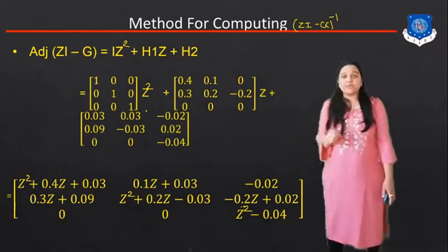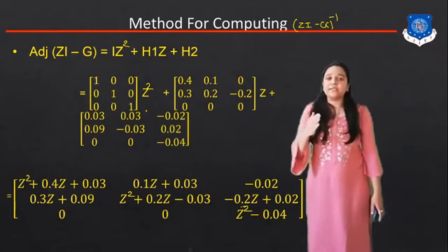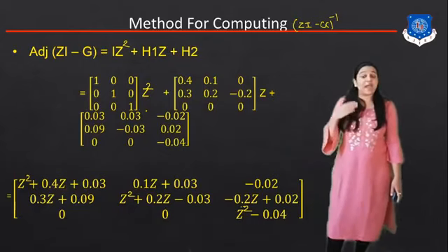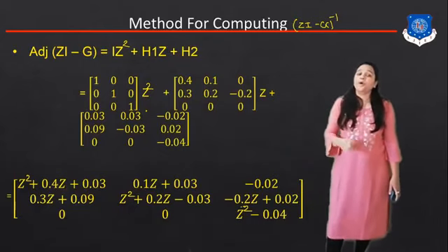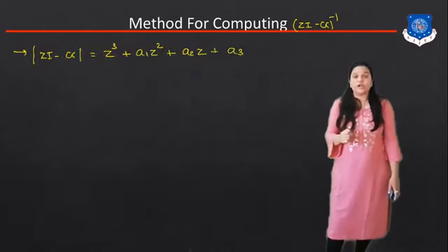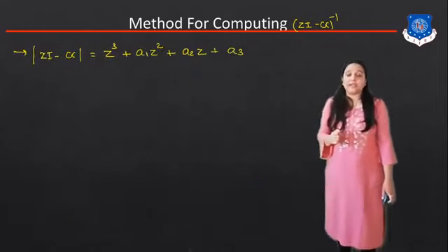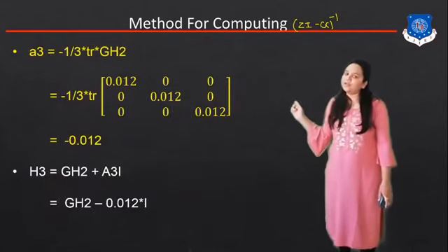Now next we have to find the value of ZI minus Z inverse. What is the equation of ZI minus Z inverse? It is the adjoint of ZI minus Z upon the mod of ZI minus Z. So what is the equation of the mod of ZI minus Z? Here we have to find the value of a3.